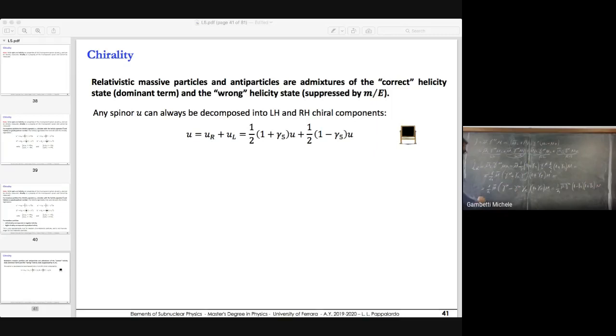Now this is just 1 minus gamma 5 squared, and then we have u. But gamma 5 squared is just 1, the identity matrix. So this goes to 0 and everything is 0.